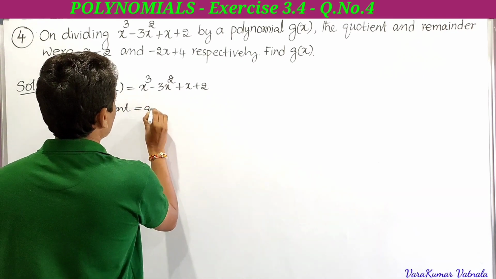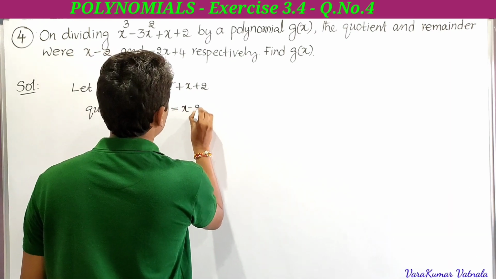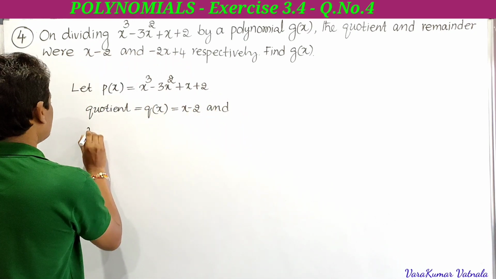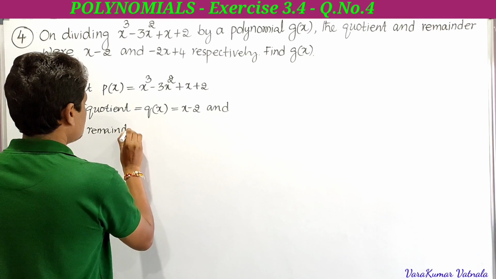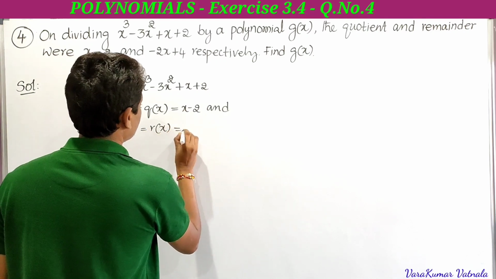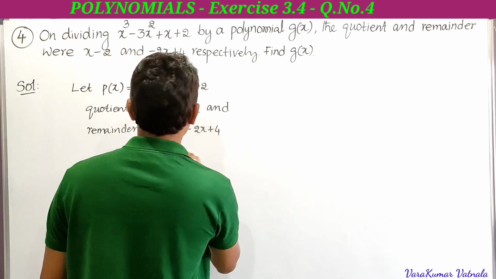Let q of x is equal to x minus 2 and the remainder, let r of x is equal to minus 2x plus 4.